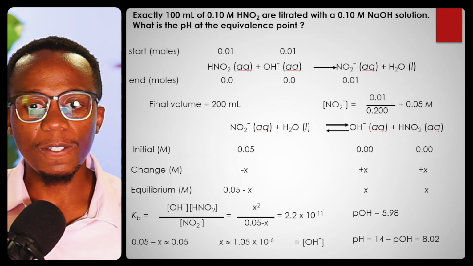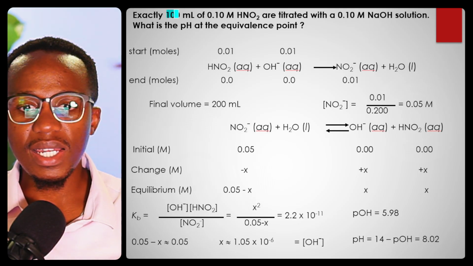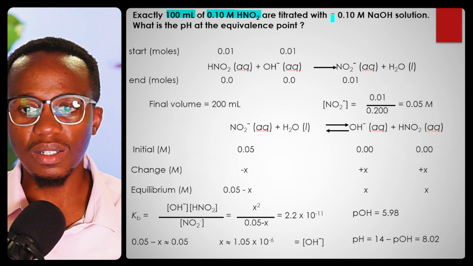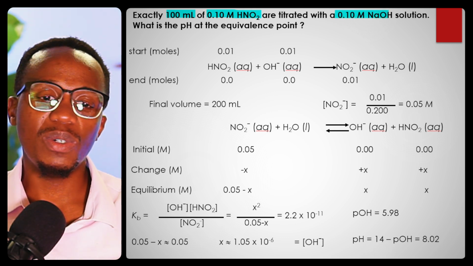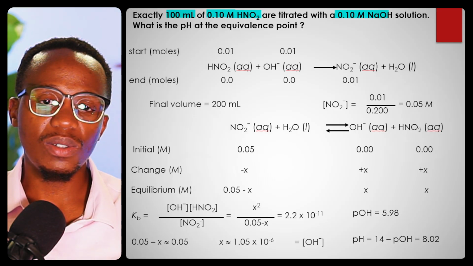All right, so this is how they ask you, like, hey, if we add 100 ml of 0.1 molar HNO2 with 0.1 molar NaOH, what is the pH at the equivalence point? All right, so let me mix it up first, right? Because I don't want to confuse you.